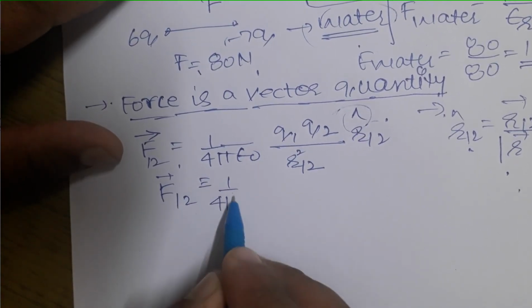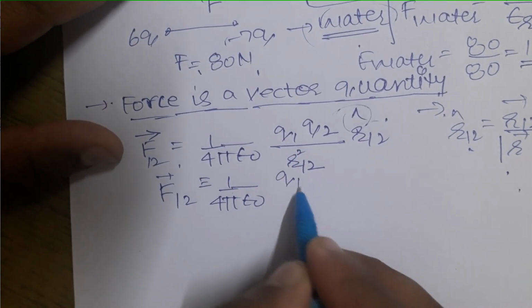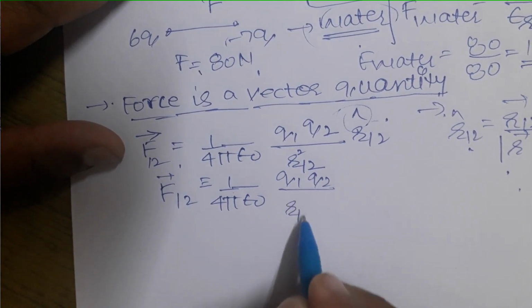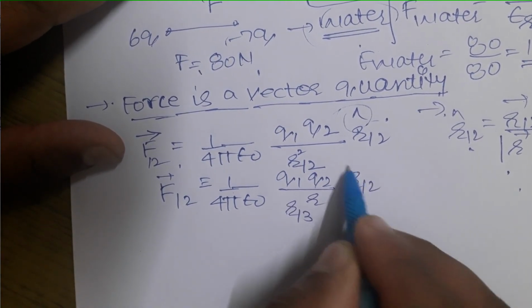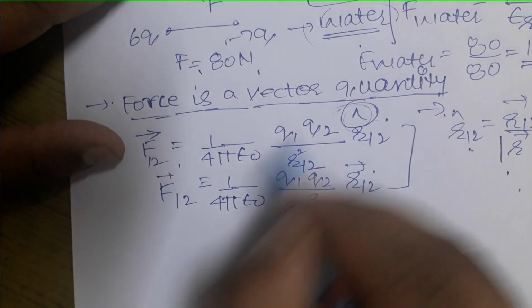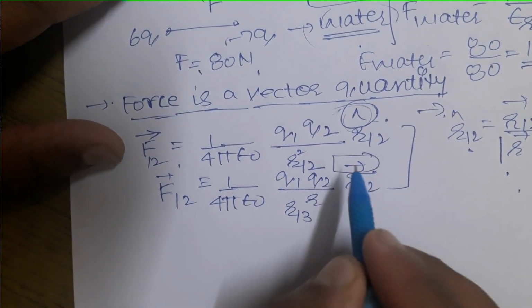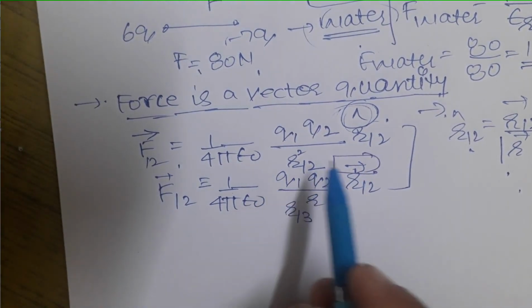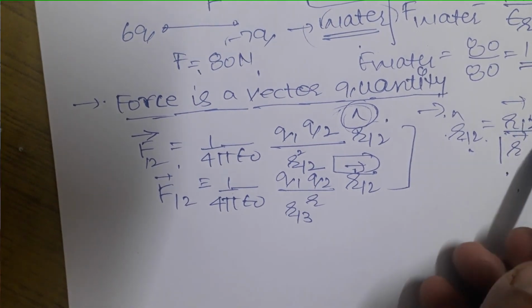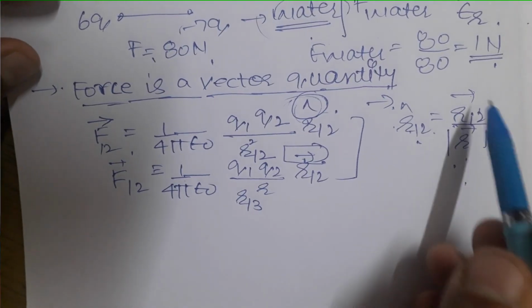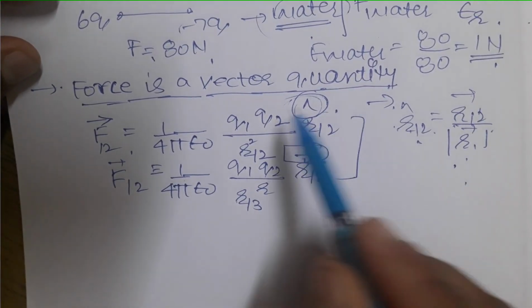Unit vector is a vector divided by its magnitude. Force between two charges. It means this formula may be written as F12 is equal to 1 by 4 pi epsilon naught, first charge, second charge, r12 vector over r12 cubed.